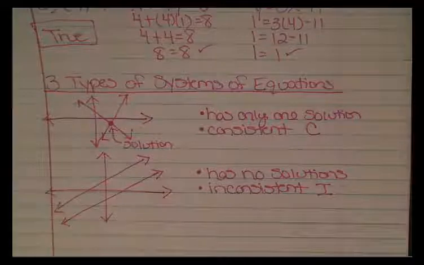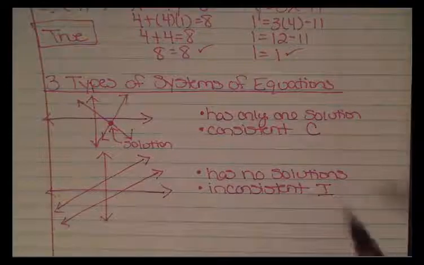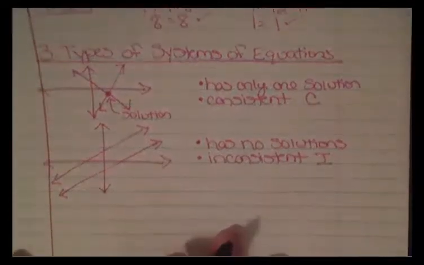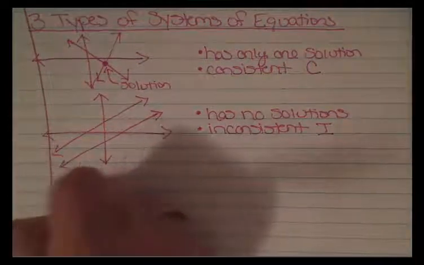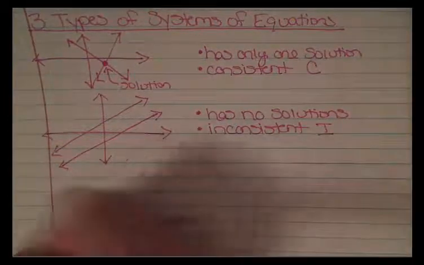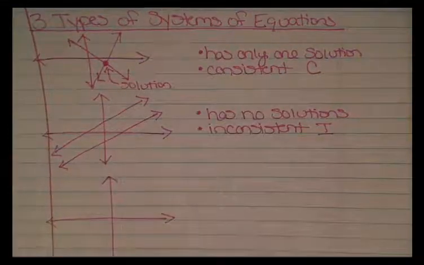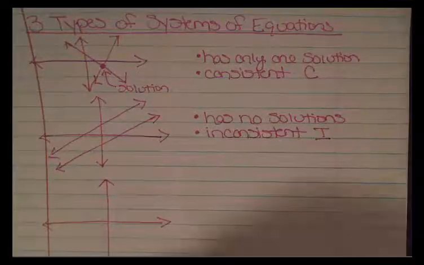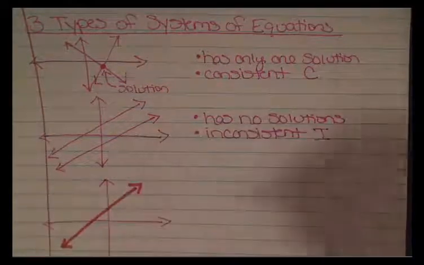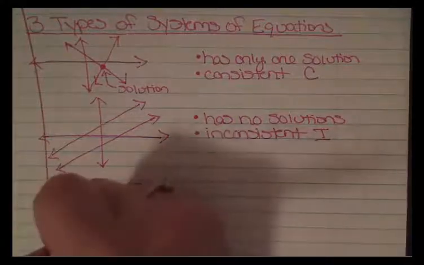Okay, so we've had one that has one solution, one that has no solutions. So our last type of system of equations, I'm going to get out some markers so I can show you. We have the red line, and then directly on top of it, you're going to have the blue line.